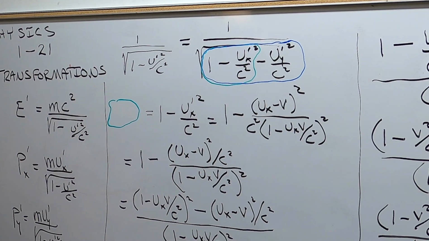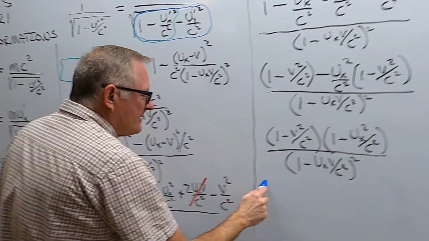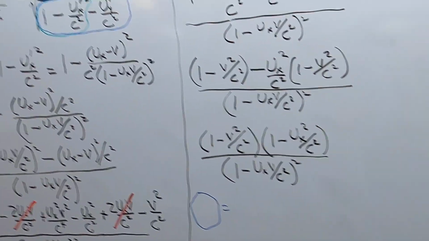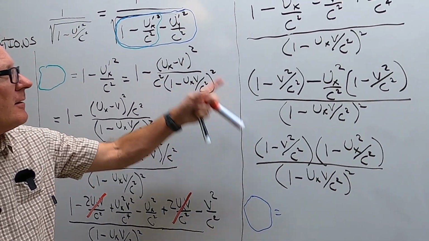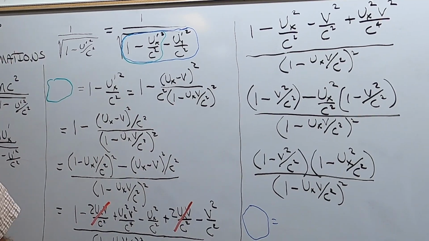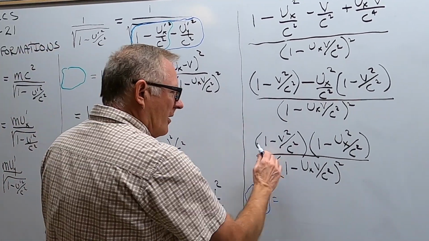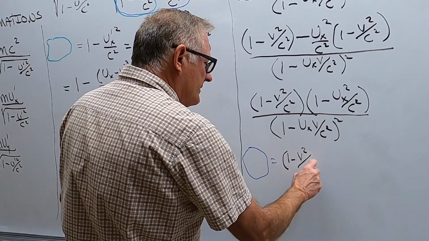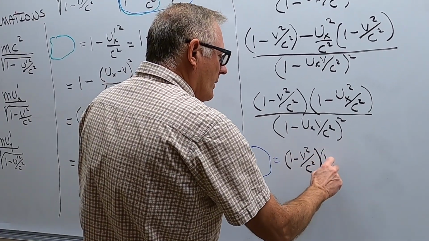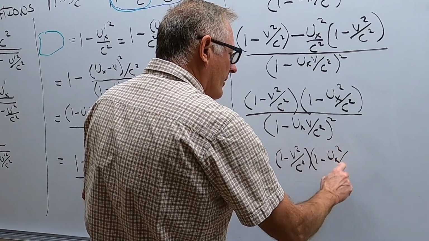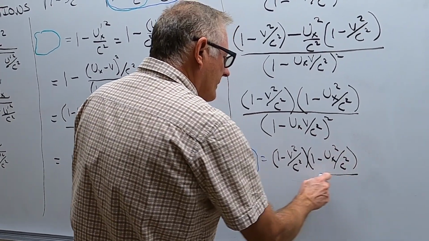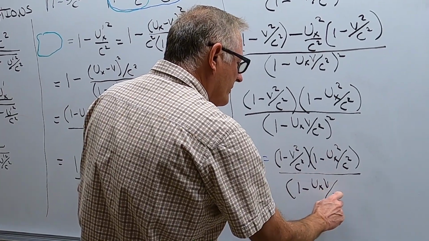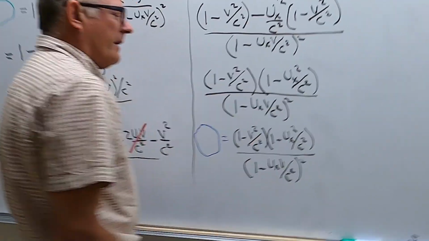Not the square root, just everything out in front. So that is all of this minus this other term. So it's all of this, which is 1 minus v squared over c squared, 1 minus ux squared over c squared, divided by 1 minus uxv over c squared, squared.